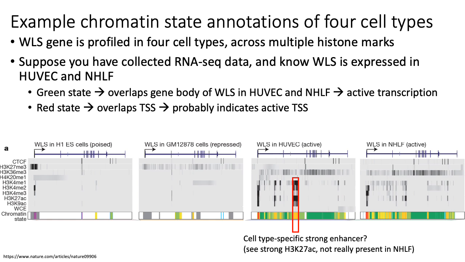And so the point here is that suppose that in addition to these histone mark ChIP-seq profiles that you've collected, you've also collected RNA-seq data that tells you how highly expressed the WLS gene is in each of these 4 cell types. And suppose that your RNA-seq data told you that WLS is only expressed in HUVEC and NHLF.